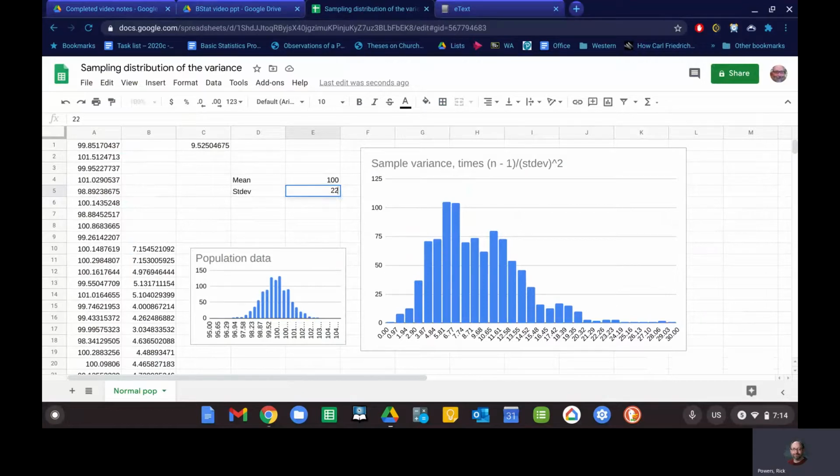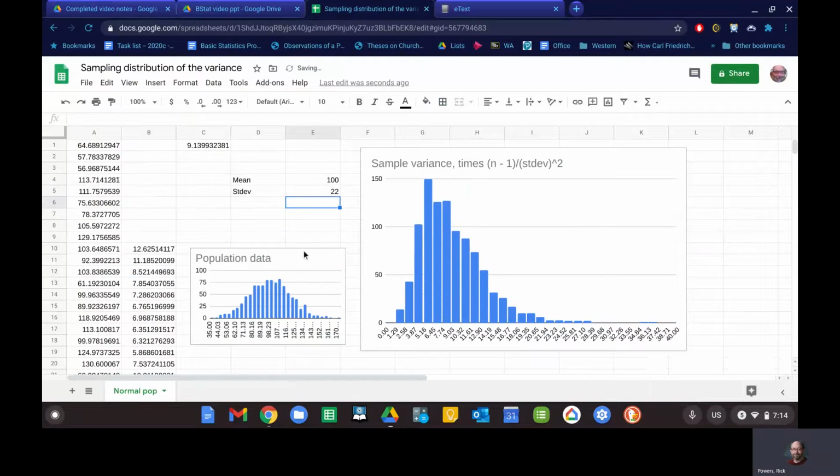I'll make it 22 here. So again, this is bell-shaped, but this is not. So when we're talking about getting things like the variance, which is the square of the standard deviation, or the standard deviation itself, we cannot use the bell-shaped idea of what the sample is going to look like.